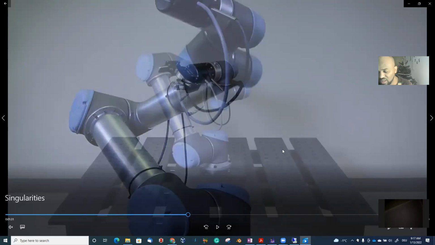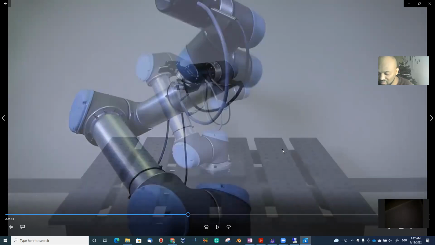Sometimes we have a very limited working space, very compact. So the robot should make only limited joint movements. While it is moving the gripper, there is a possibility that the arms are going to collide with the workspace elements.